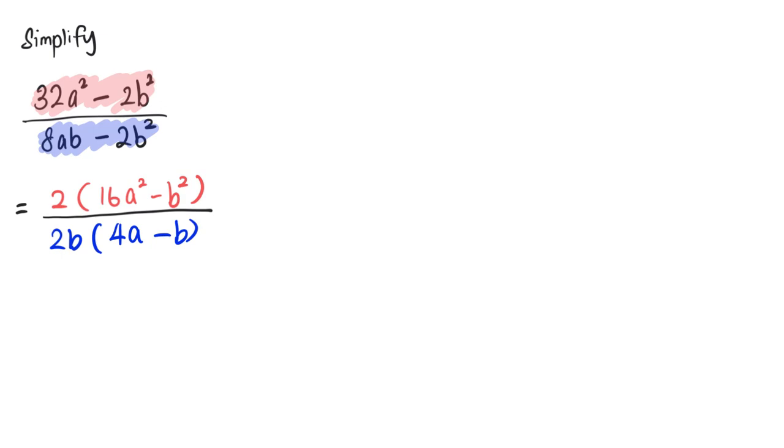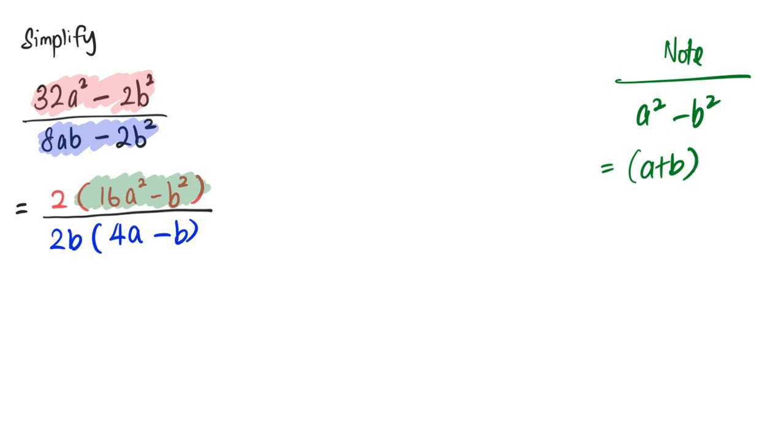Then I also saw that I could factorize this. So how can I factorize this? Do take note that a squared minus b squared equals to a plus b, a minus b.